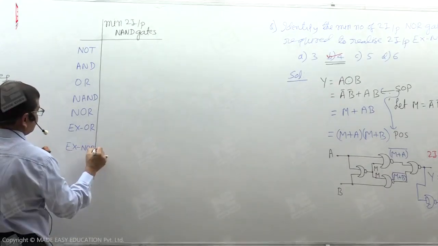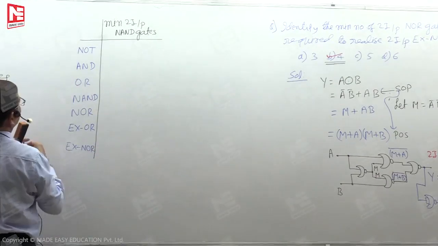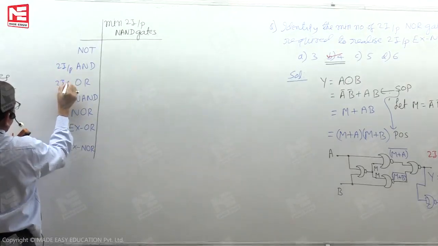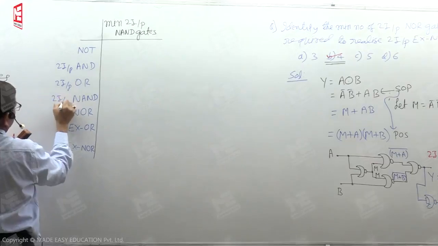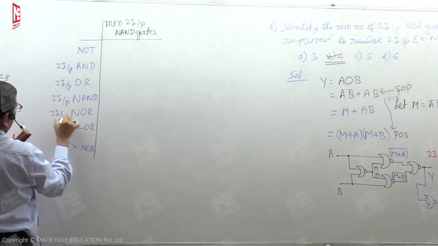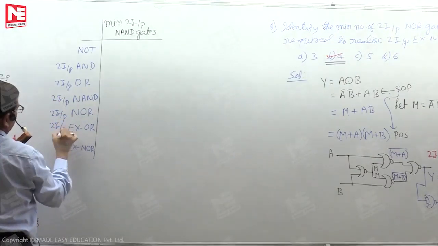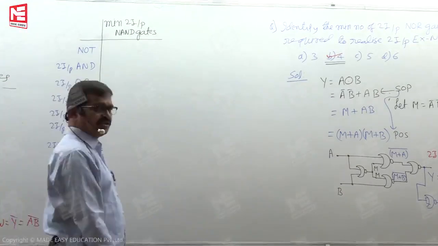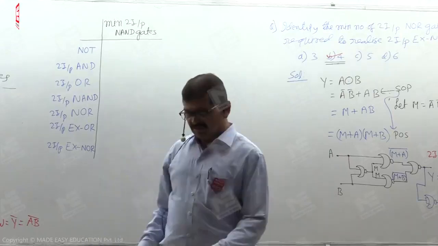Of course, we are taking all these gates except NOT, which is a single-input gate, and the remaining we are treating as 2 input gates. So the consolidated information is possible to speak now.